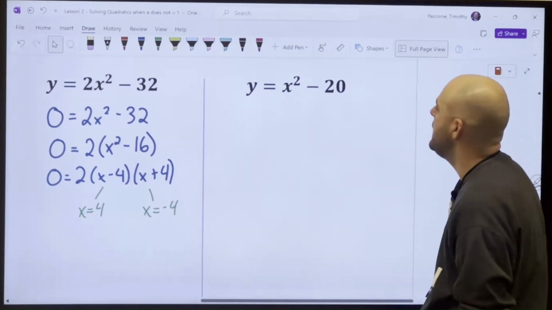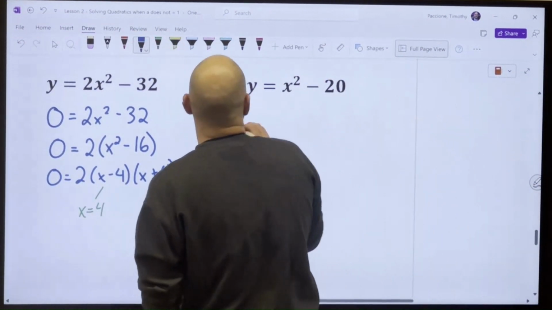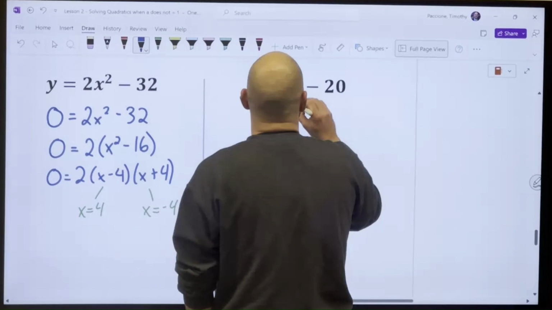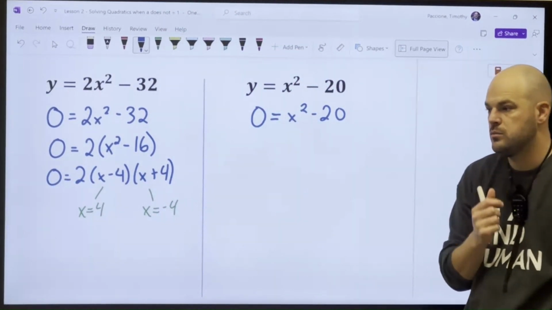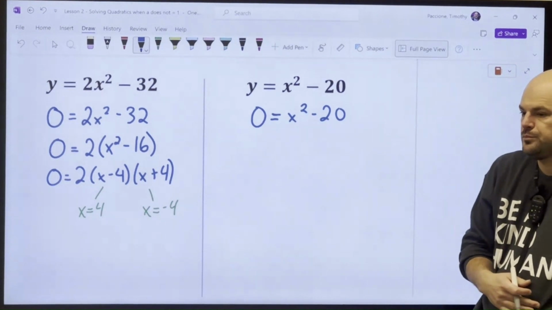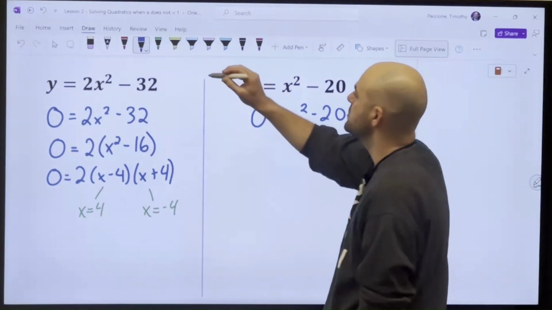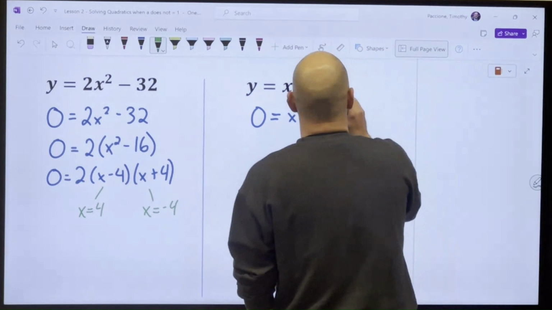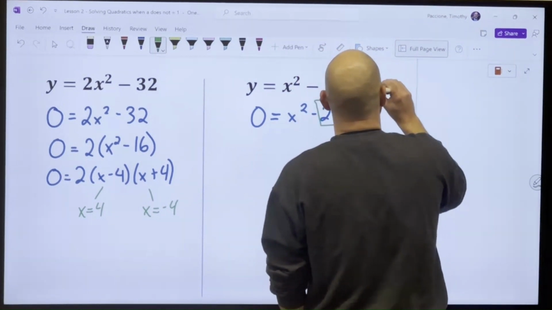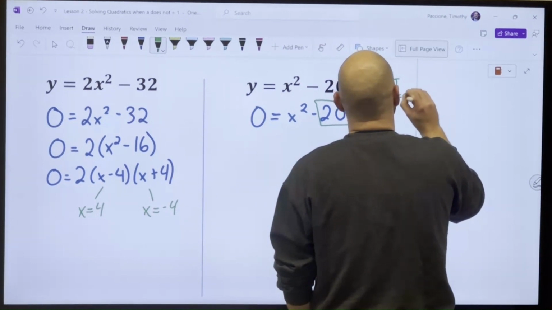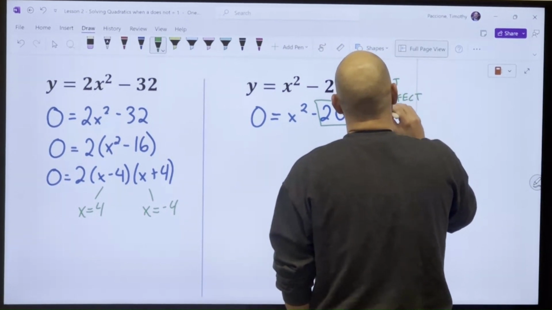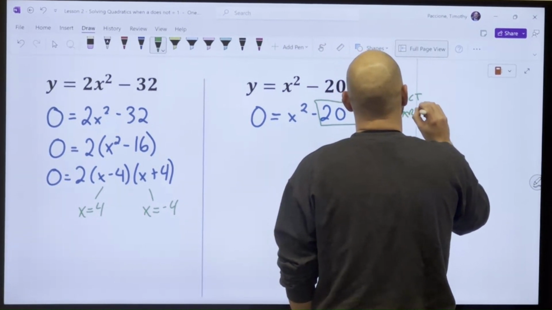x squared minus 20. So 0 equals x squared minus 20. What do we notice? It's a difference, but it's not a perfect square, right? Not perfect square. So how would you solve this? Because you couldn't do the difference of perfect squares.